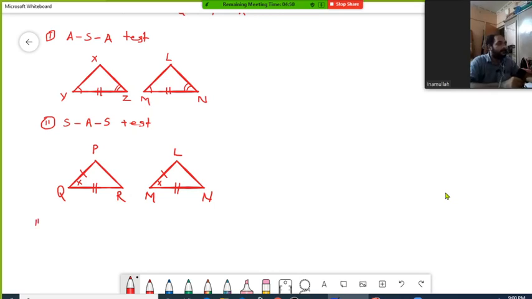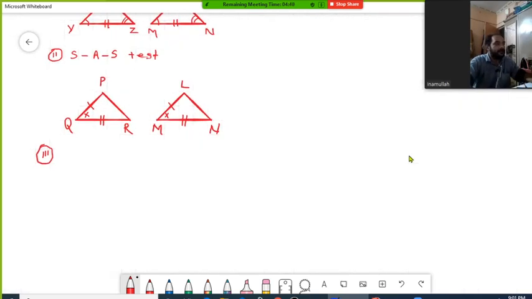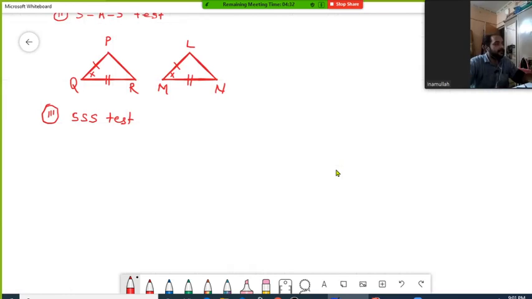Third test of congruency is side test. Side test is very simple.